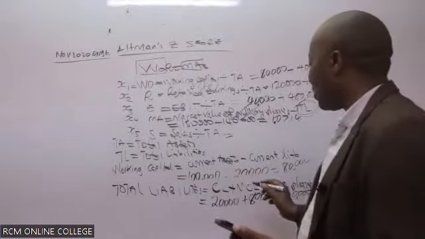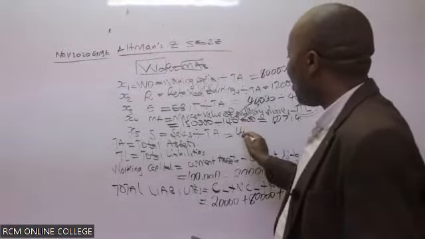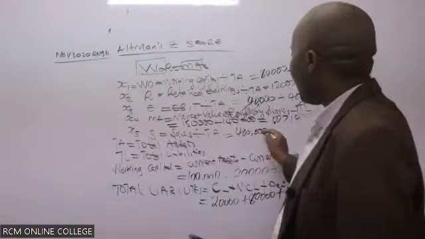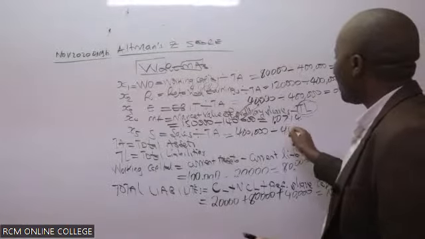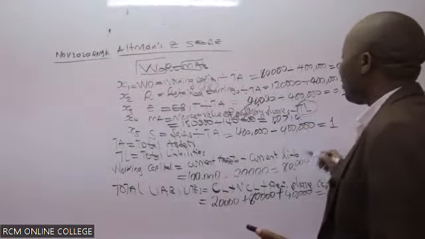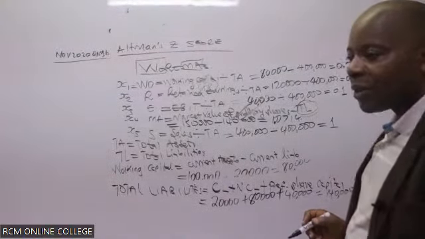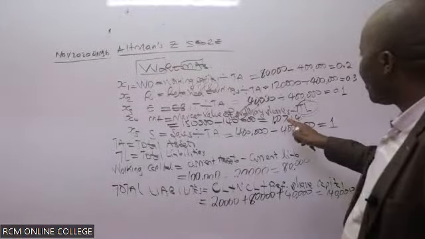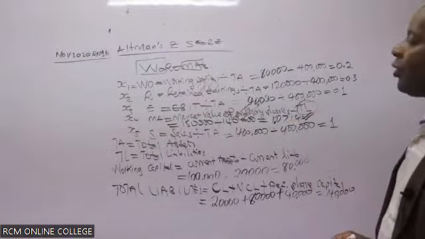Sales is 400,000, divided by the total assets, which in this case were 400,000. So this one would end up giving me what figure? 1.0. Thank you very much. That's okay.